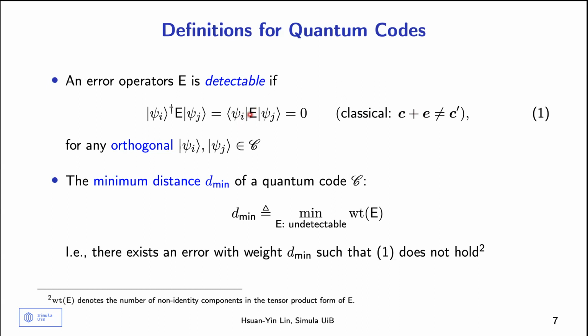You have an error, and you try to find the other code words, and you don't find them. You cannot guarantee it's 0. Then it's undetectable. So this is just the classical. Of course, there is a lot of quantum theoretical discussion of why this works, but this is an easy way you can look at it from a classical point of view.